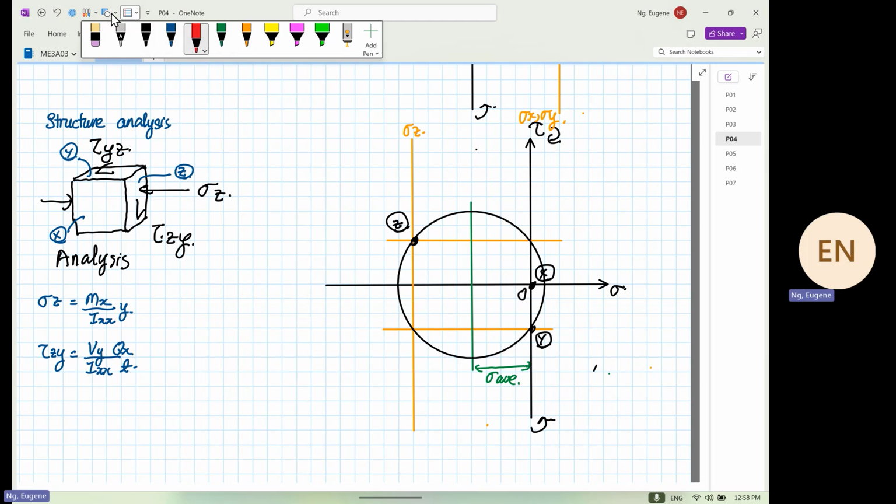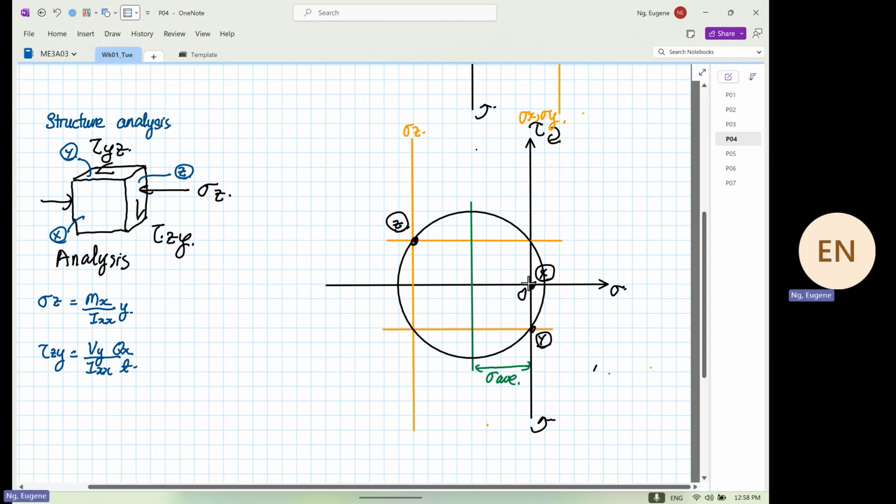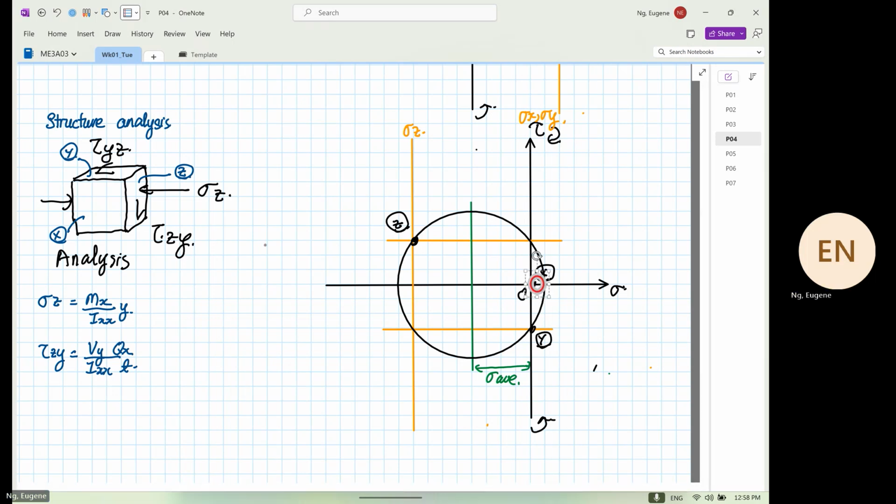It's not that important, but I want to show you there are 3 circles. So this is the next circle over here. And then the last circle will be over here.